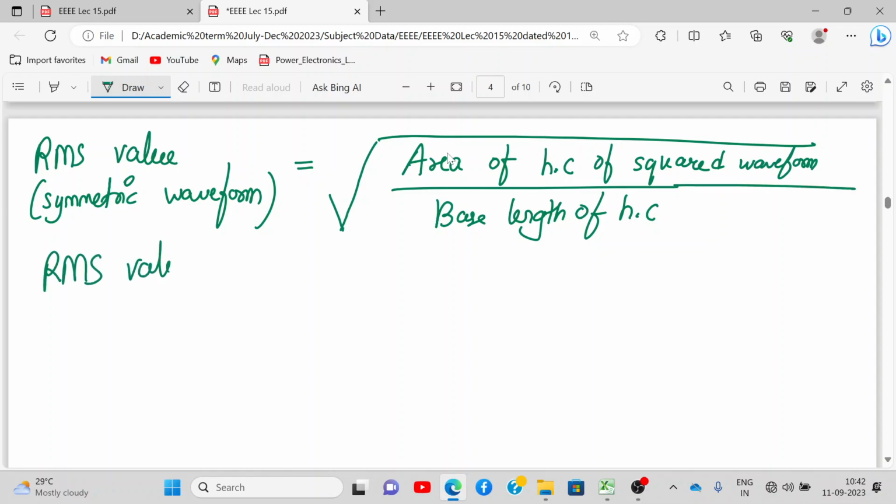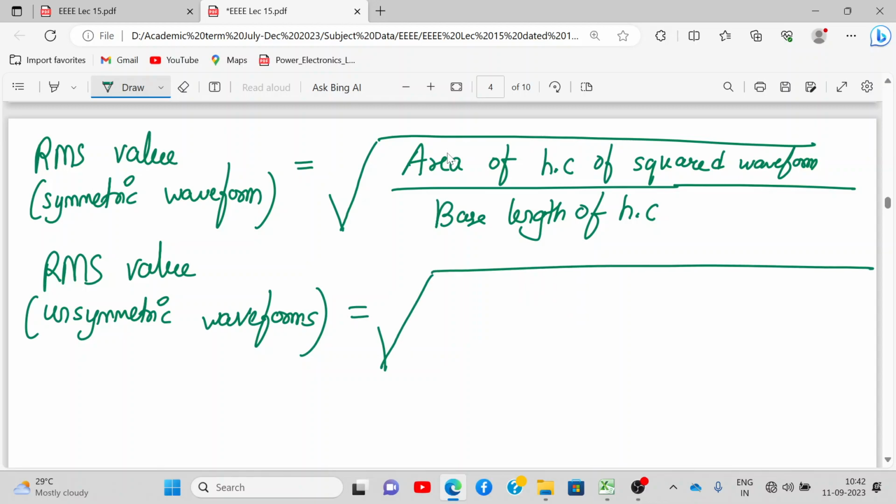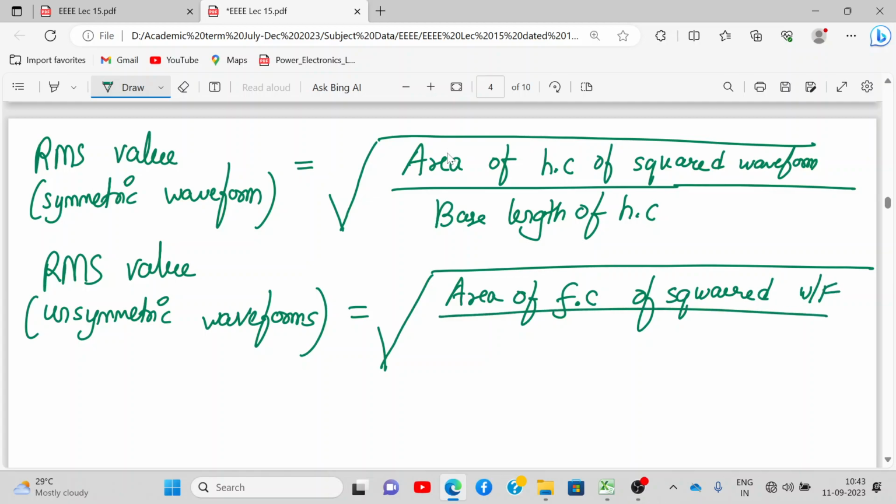Similarly, RMS value for asymmetric waveform is given by square root of area of full cycle, FC I am writing, of squared waveform divided by base length of full cycle.